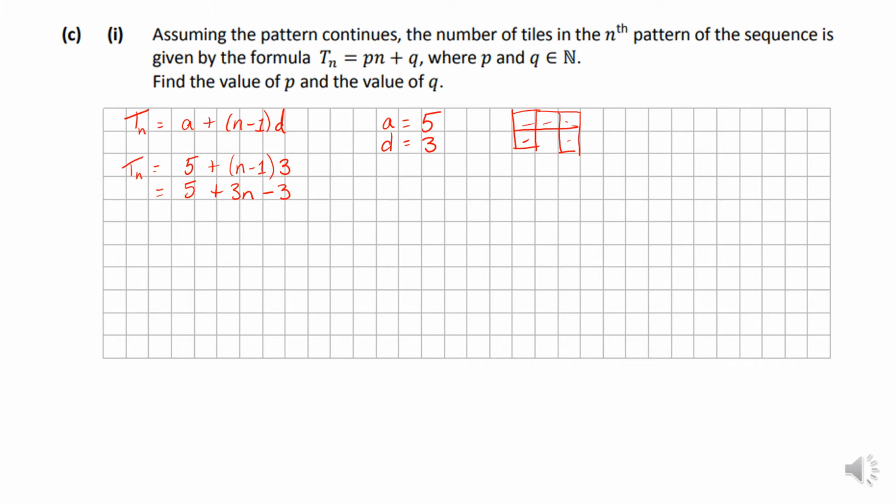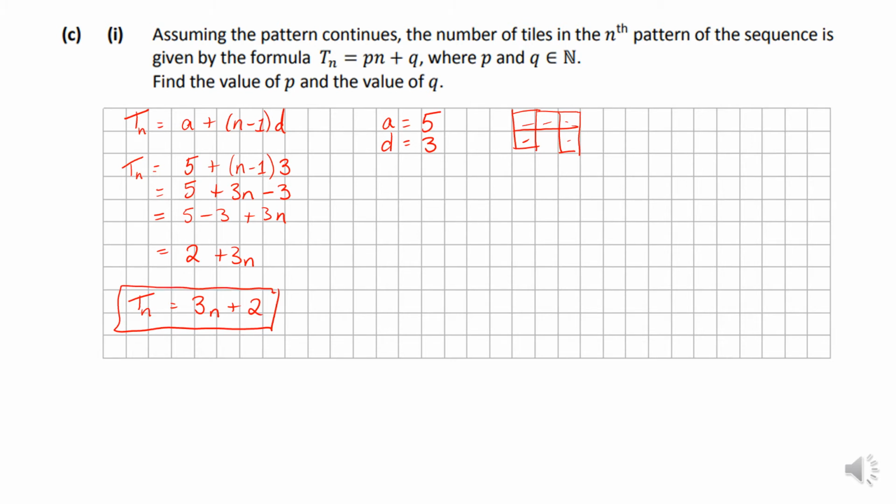Then we'll simplify by putting the numbers together. We have 5 minus 3 plus 3n, so we'll have 2 plus 3n. Or, if you want, you can reorder and get 3n plus 2.